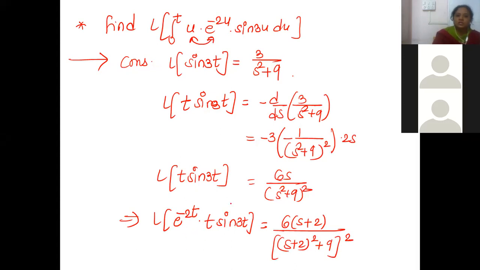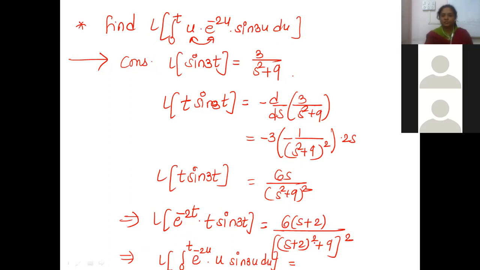Next you should integrate from 0 to t. So I'll do it here. Laplace of the integral from 0 to t, and inside the integration you can change the variable to u, so e raised to minus 2u, u, sine 3u, du. On this we have taken the integral, so what will be the other side? 1 upon s times F of s.